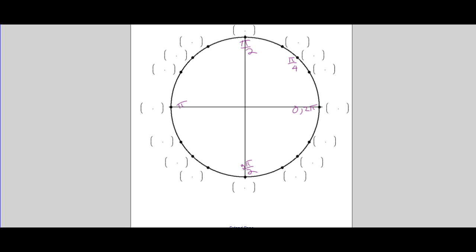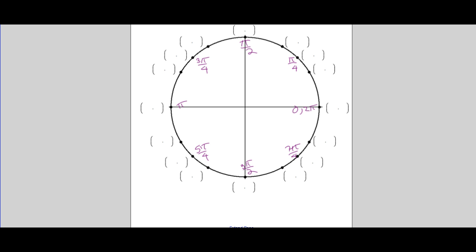There are 8 quarters, because it's 2 pi all the way around. So 1 quarter, 2 quarters, 3 quarters, 3 pi over 4, 4 quarters, done that, 5 quarters, this would be 5 pi over 4, 6 quarters, 3 halves, already got that, 7 quarters, and 8 quarters, which is the 2 pi.